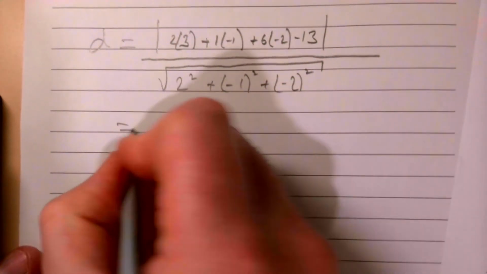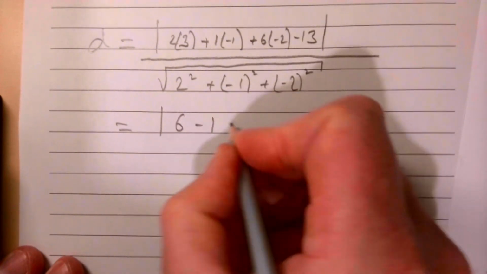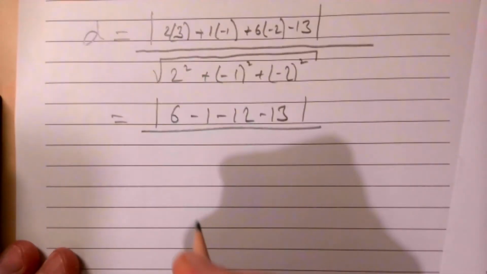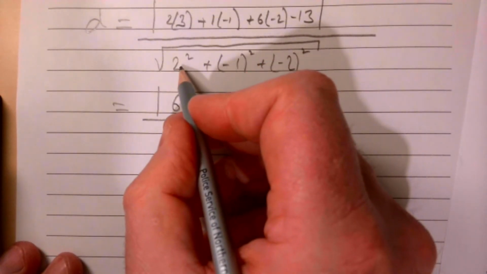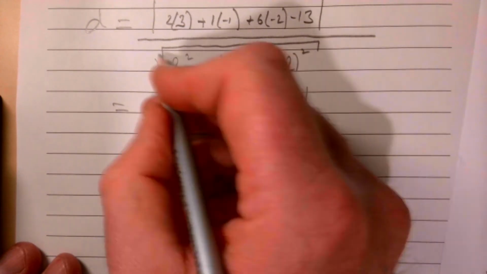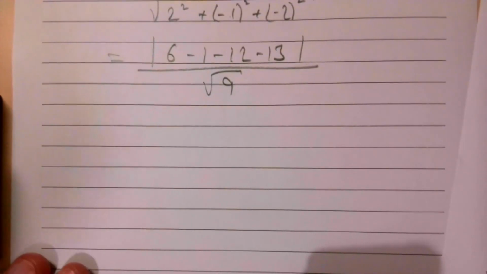So what are we going to have? We're going to have 6 minus 1 minus 12 minus 13 on the top. On the bottom, 4 plus 1 plus 4, so that's 9. The square root of 9 is going to be 3. We'll just write square root of 9 and tidy it up in the next line.